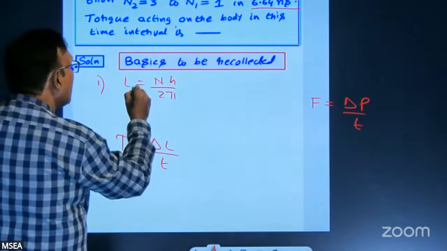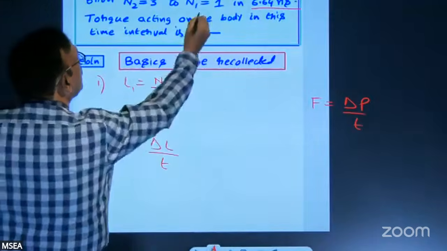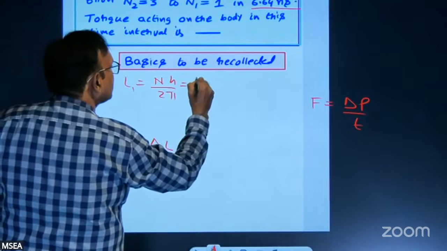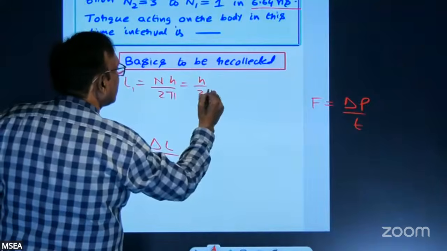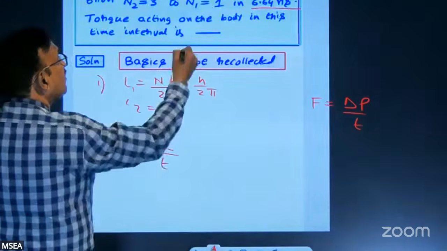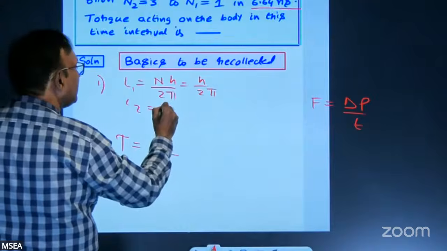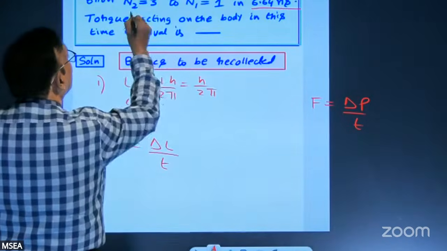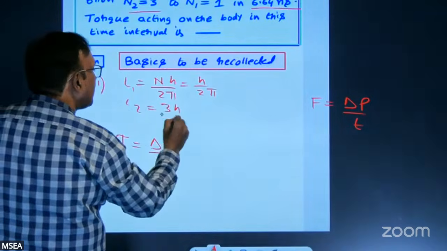The initial angular momentum is nh by 2 pi, where n is 1, so h by 2 pi. What is the final angular momentum? Once again nh by 2 pi. Here the electron is in the third orbit, so 3h by 2 pi.